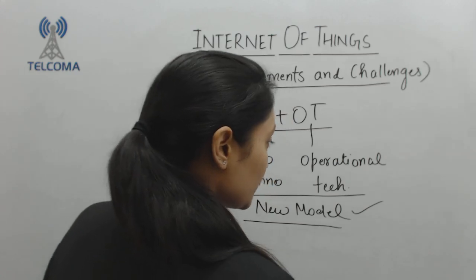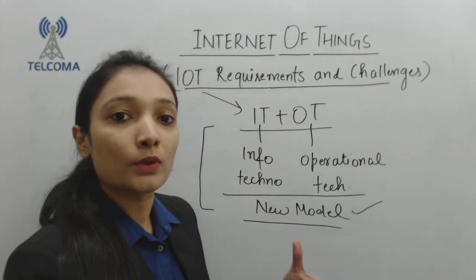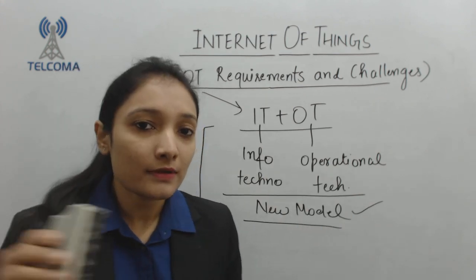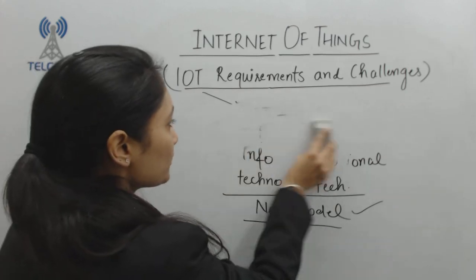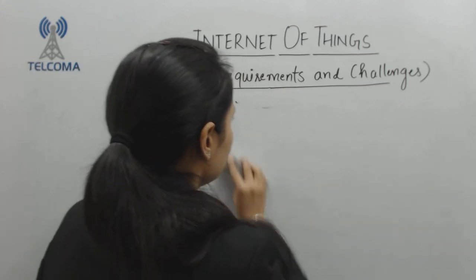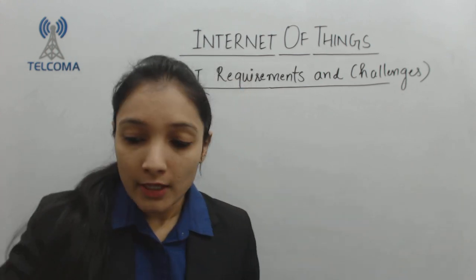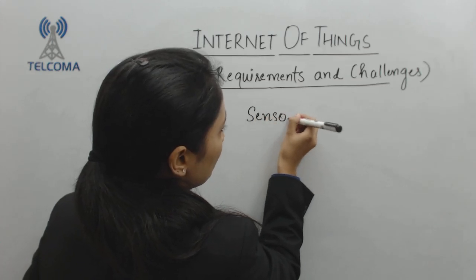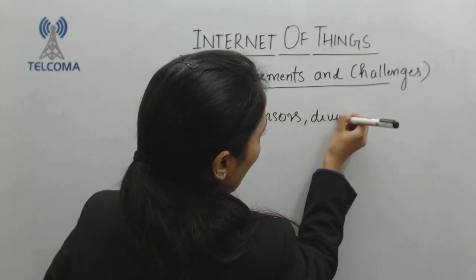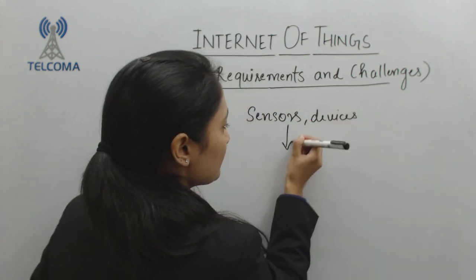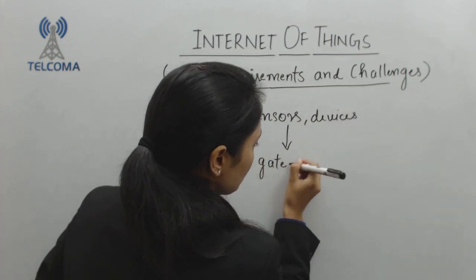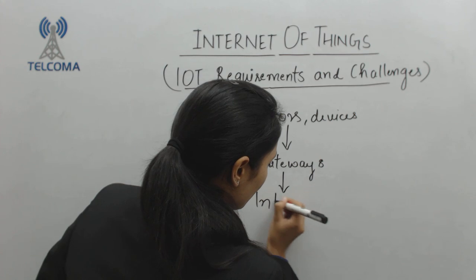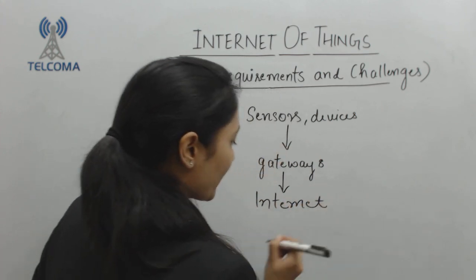So if we have to deploy a new model for a certain new technology, it will come with certain requirements and technology challenges. If you have a look at the IoT model, what it requires, it basically starts from your sensors and devices, moving to gateways connecting it to your internet backbone.